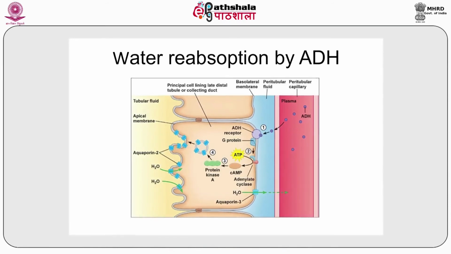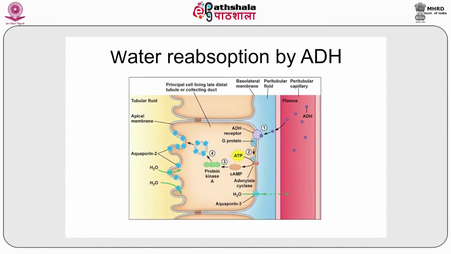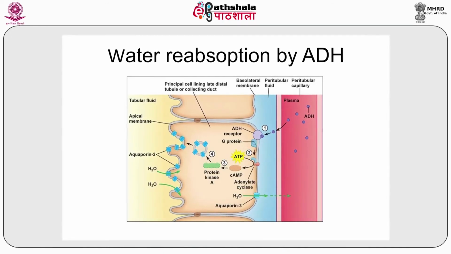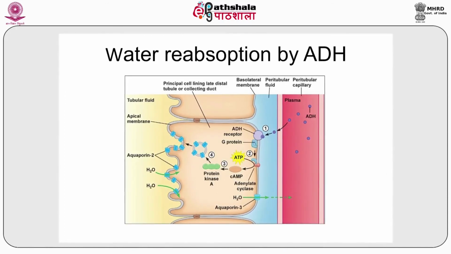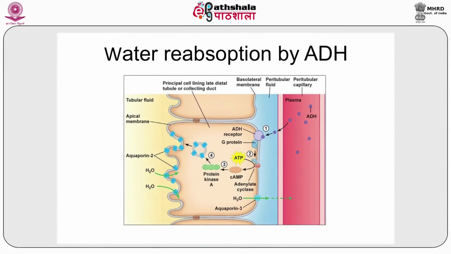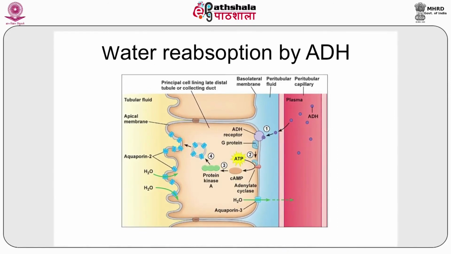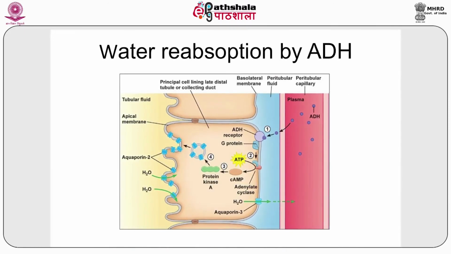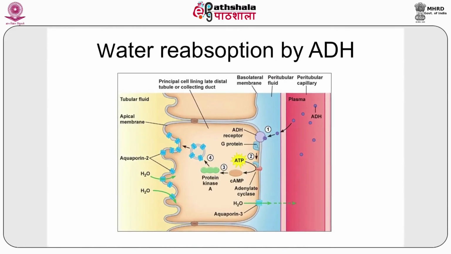It activates cyclic AMP, which is a second messenger, leading to many protein phosphorylation and then translocation of aquaporin channel in the luminal side of the tubule. This aquaporin is normally already present in the vesicles, and the ADH increases the translocation in the luminal side. Cyclic AMP also leads to the translocation of new aquaporin channels, which leads to the reabsorption of water.